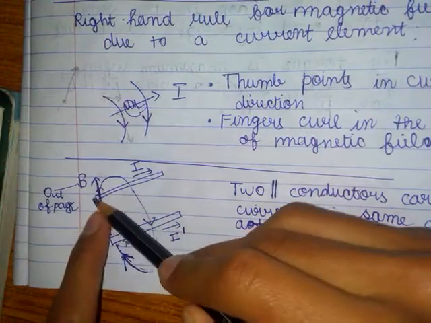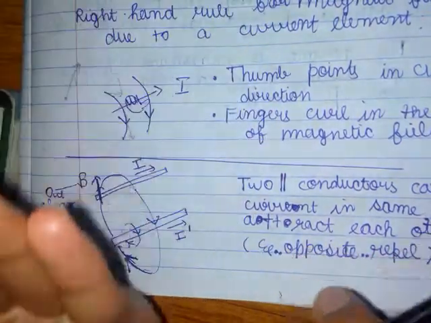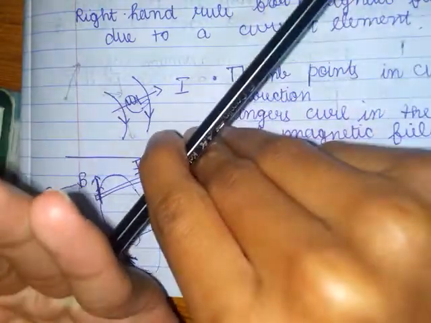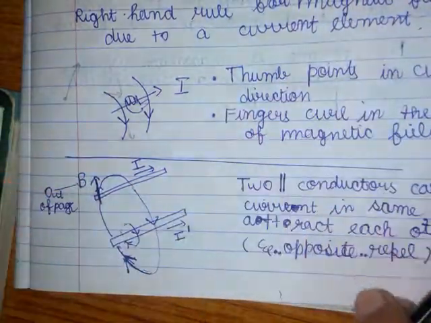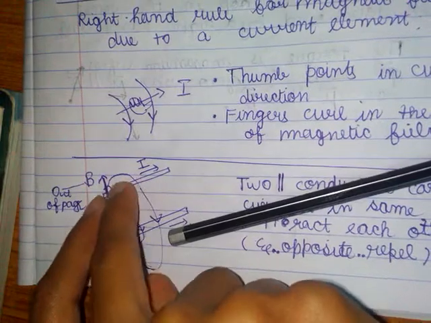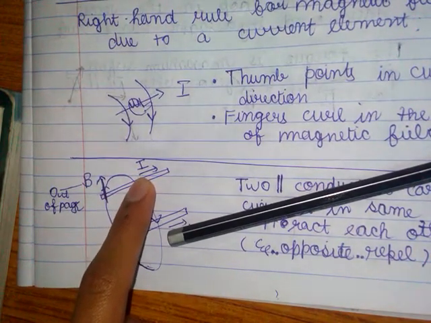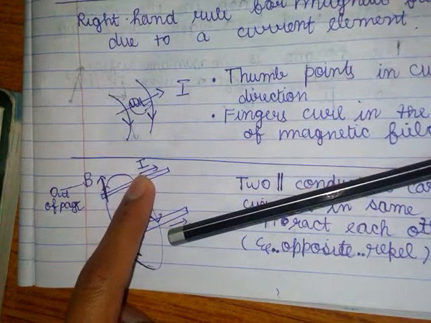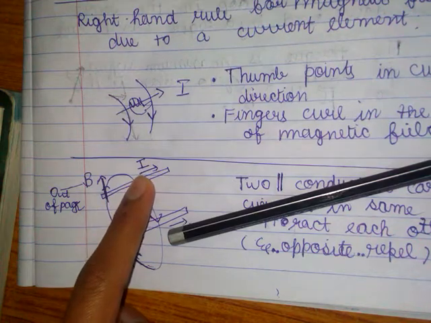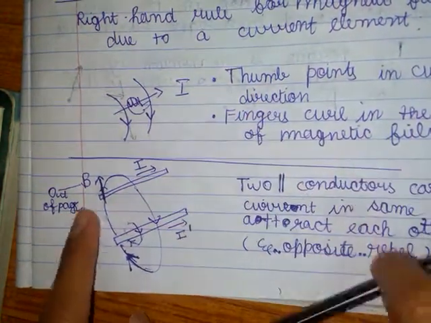At this point it's coming out of the page, so the field at that point is out of the page, while the current is going in the plane of the page in this direction. Current is taken as the direction opposite of the flow of electrons, that is, it is taken as the flow of positive charge.